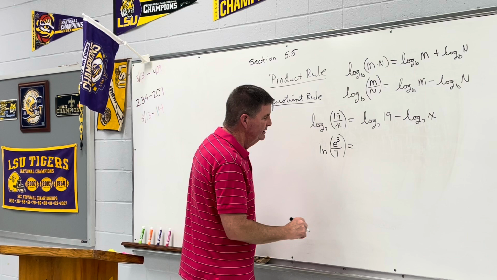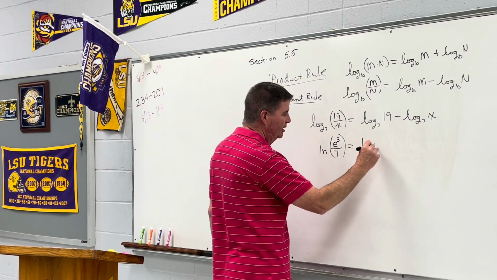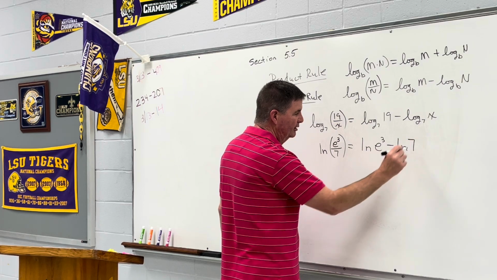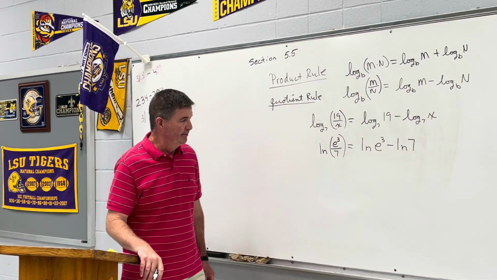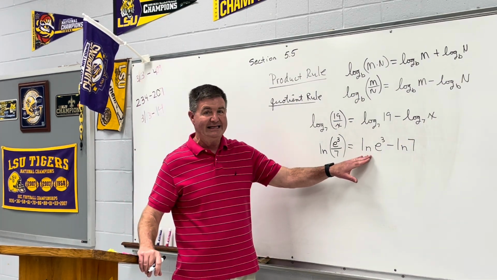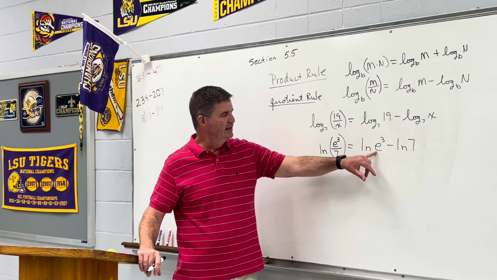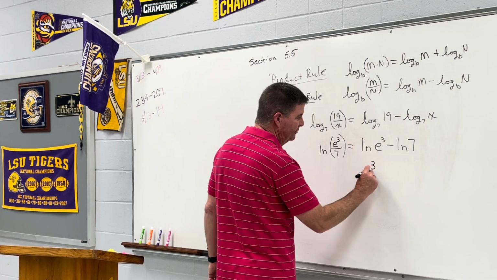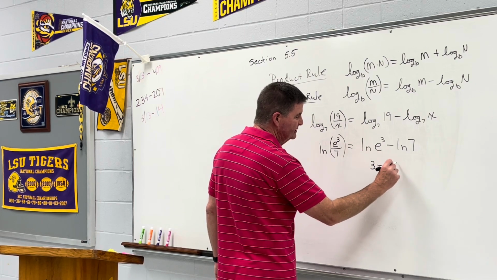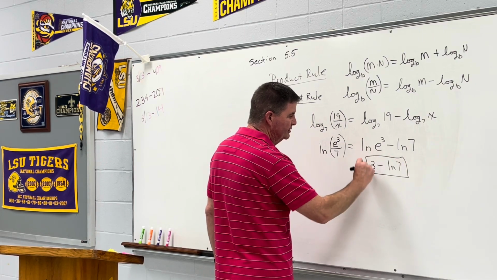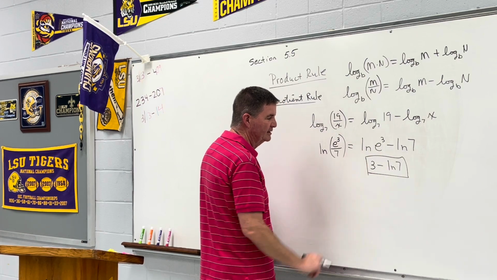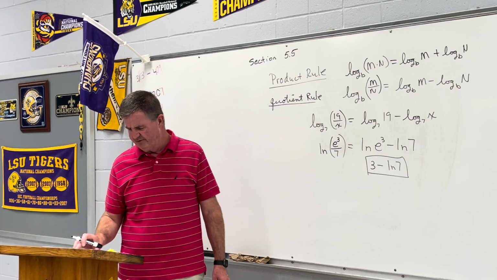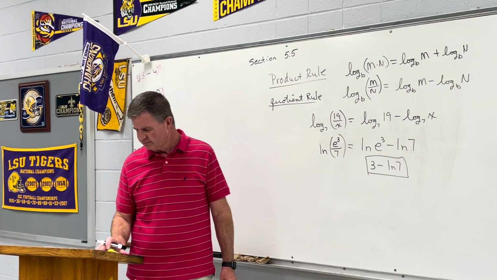We're going to write this as natural log of e to the third minus natural log of 7. Now remember, natural log means log base e. So this would be log base e of e to a number. Therefore, this would be 3. 3 minus natural log of 7. So again, if it simplifies, we must simplify it when writing the answer.